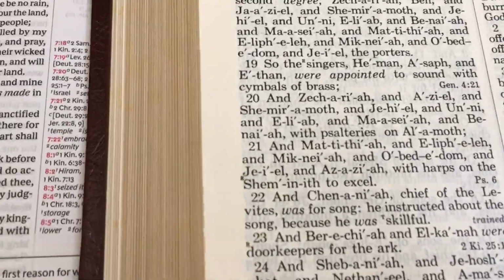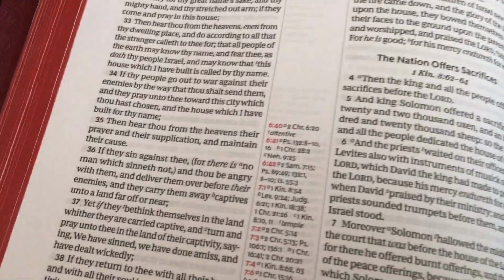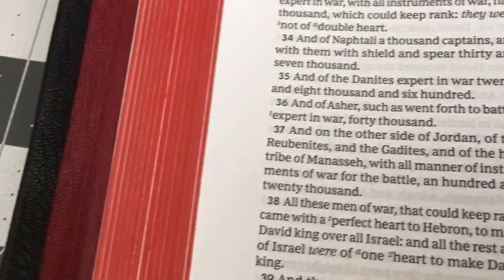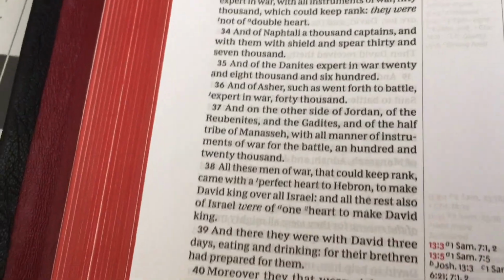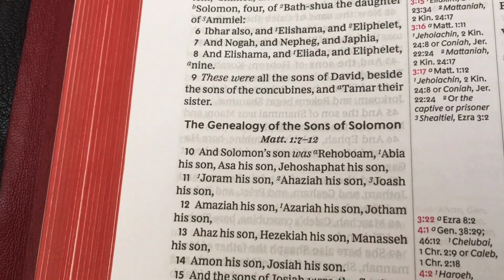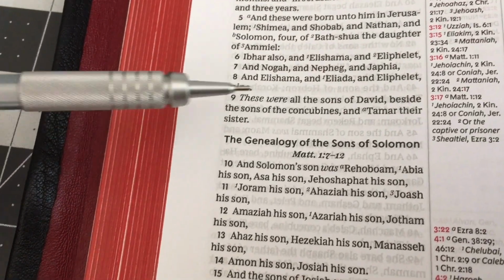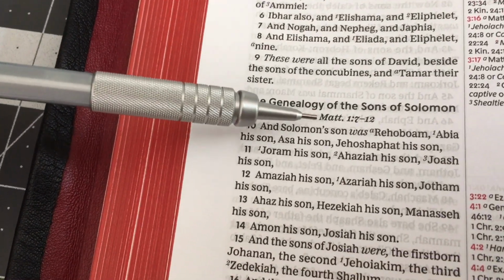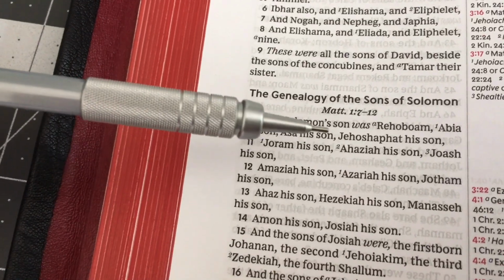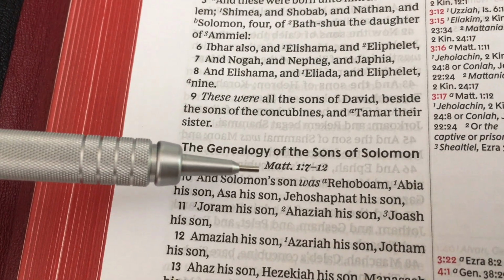If I go back here in the newer one, you will see we do not have self-pronouncing in the newer version. But I do like these subheadings in these ones, because you get the subheadings and you also get a reference where you will find this also mentioned somewhere else in the Bible, like this one here is Matthew 1:7-12.